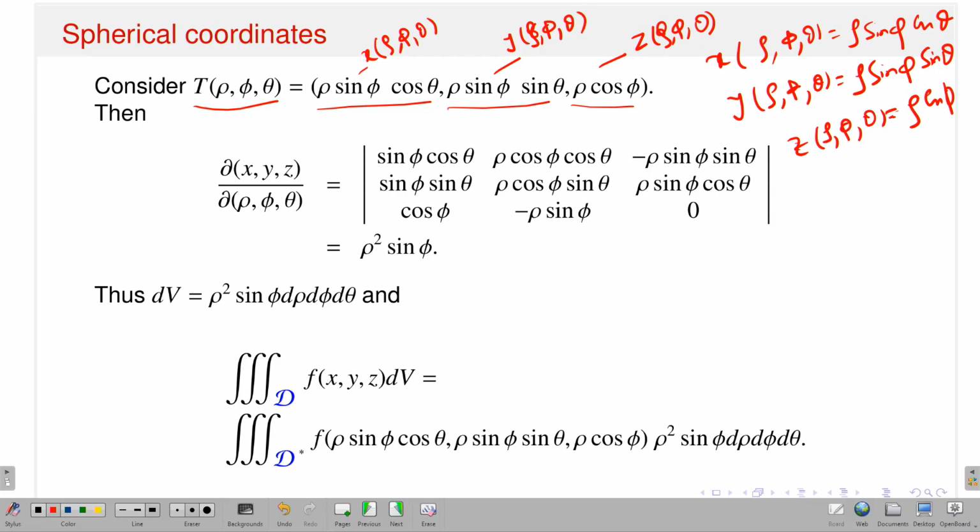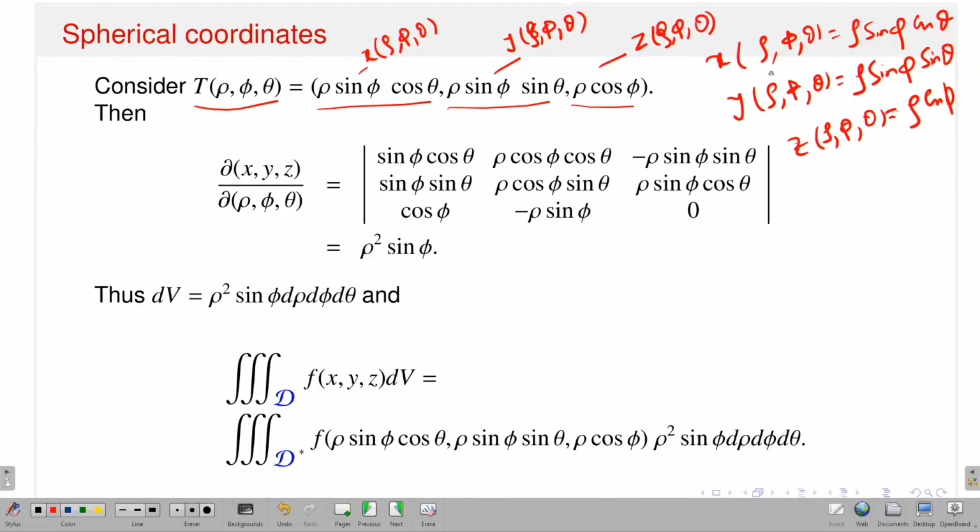So, any point x, y, z in R3, in the Cartesian coordinate system, I can represent in terms of the spherical coordinate system, where x is rho sin phi cosine theta, y is rho sin phi sin theta, and z is rho cos phi.